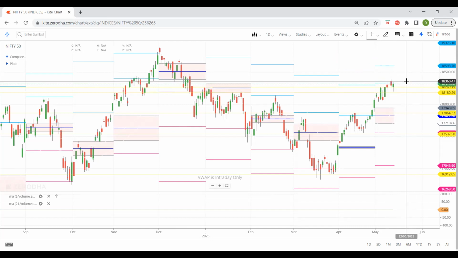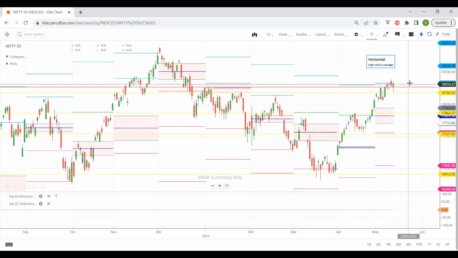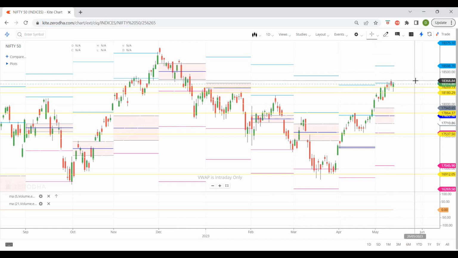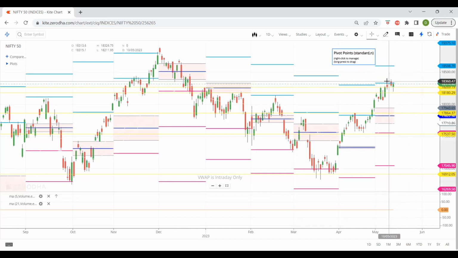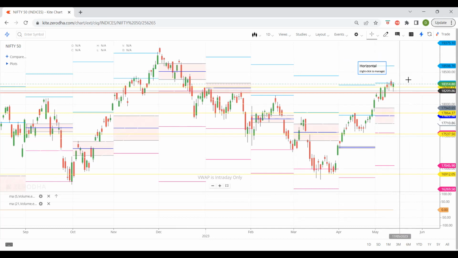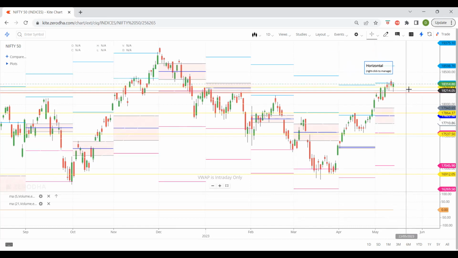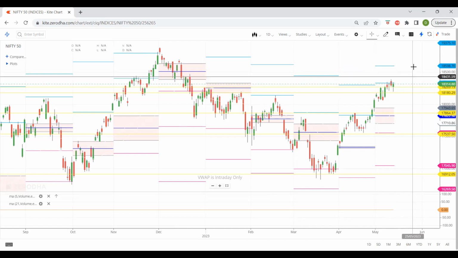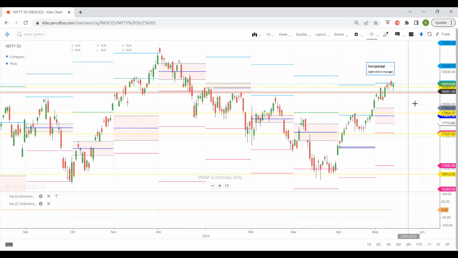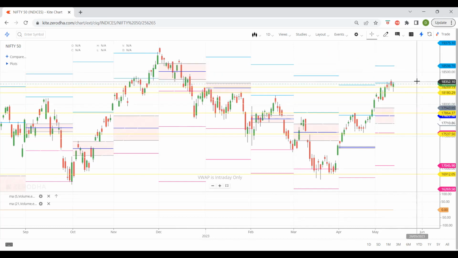Last week, anytime it went near 18,350, it faced selling pressure. So this 150 point range was what it was trading in for the last 4 days. Only a breakout above this range or a breakdown will determine the next trend.